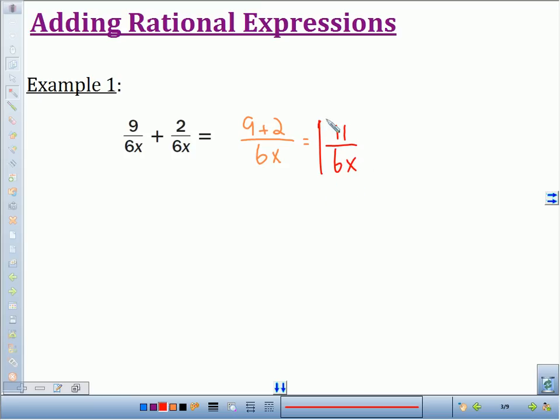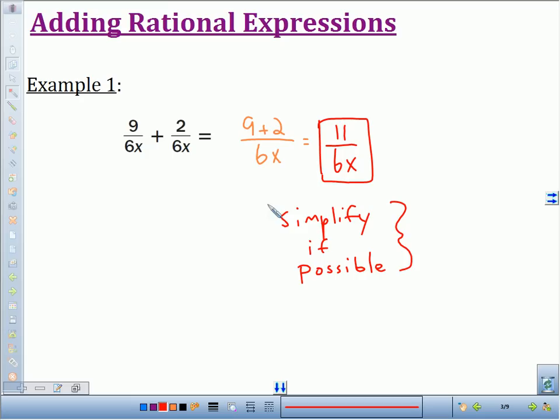At this point, I would need to simplify if possible. Once I've got it added, I have to simplify if it's possible. Remember, I always need to give fractions in simplest terms. So we add them together, put them over the common denominator, and simplify if we're able to.